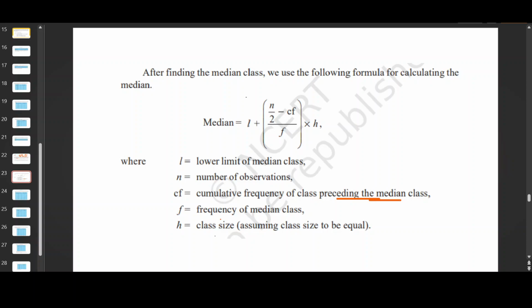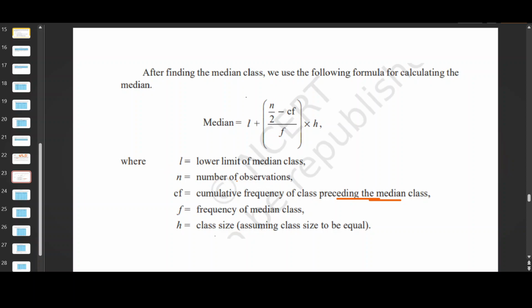Now this is the frequency of the median class. Now h, we have known about in mode, the class size, in the previous video. Now L will be the lower limit of the median class. After practicing more questions, we will have to be clear about this point.